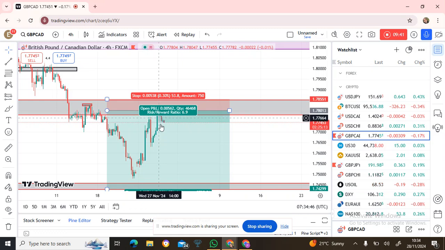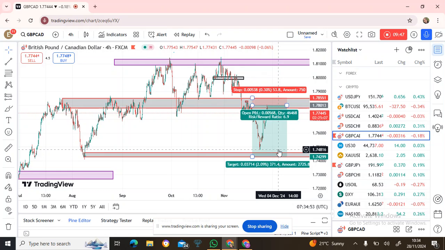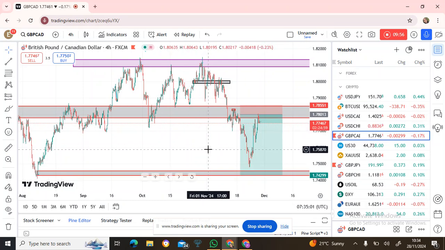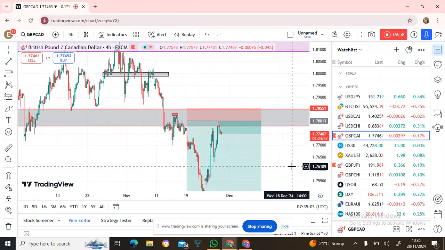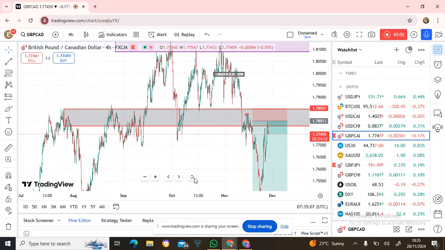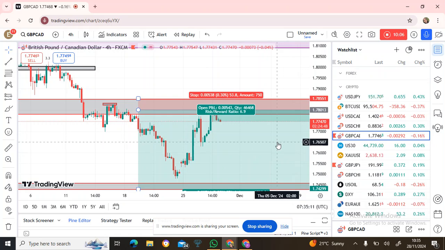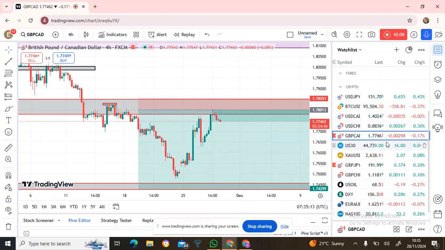You expect GBP/CAD to go all the way down to this demand zone. You have about 371 pips to catch. So if you're a fan of GBP/CAD, you can take shots on it right now. We can hold that trade up to tomorrow or maybe next week on Monday.